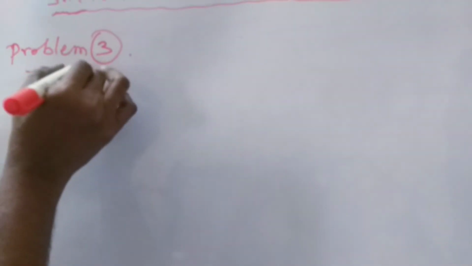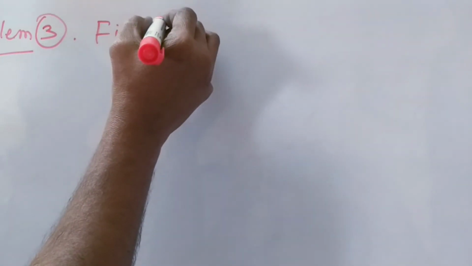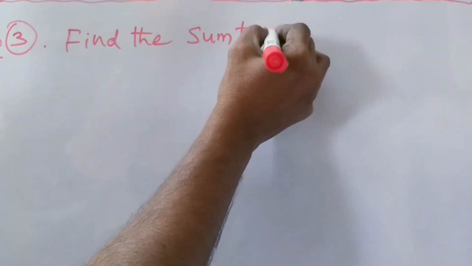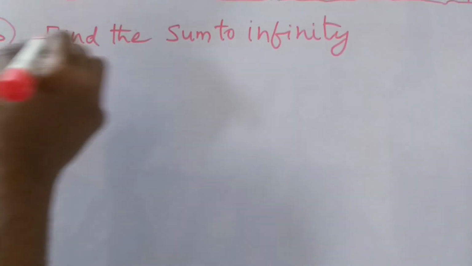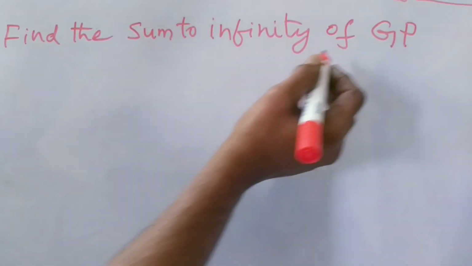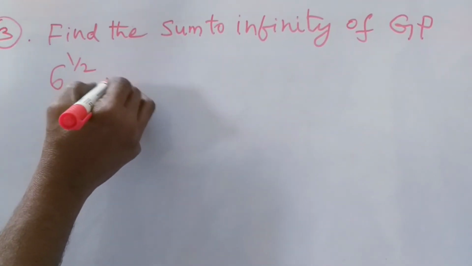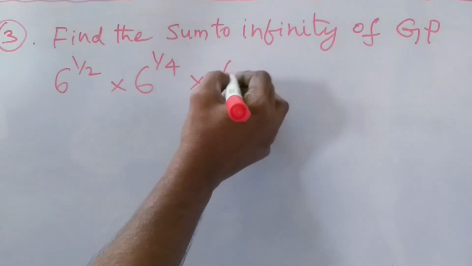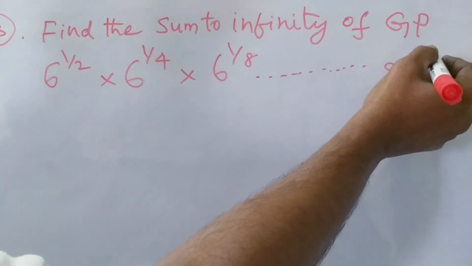Now problem 3. Find the sum to infinity of the geometric progression GP: 6 to the power of 1 by 2, 6 to the power of 1 by 4, 6 to the power of 1 by 8, and so on up to infinity terms.